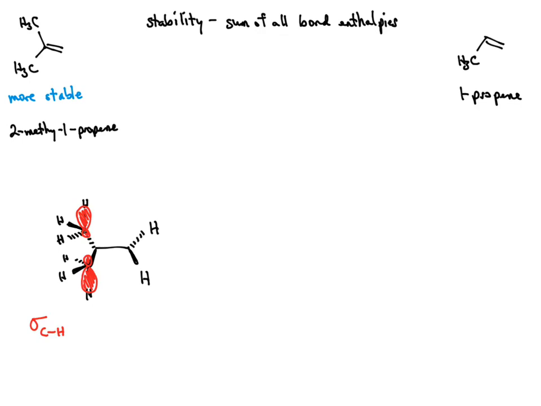Well, there's an orbital nearby, and it happens to be the pi star CC. So here's the pi star CC, and the electrons that are in the sigma CH bond are actually delocalizing into that pi star CC, both on the methyl group on the bottom and the methyl group at the top.